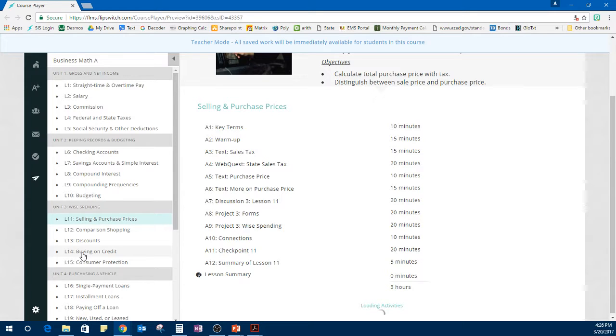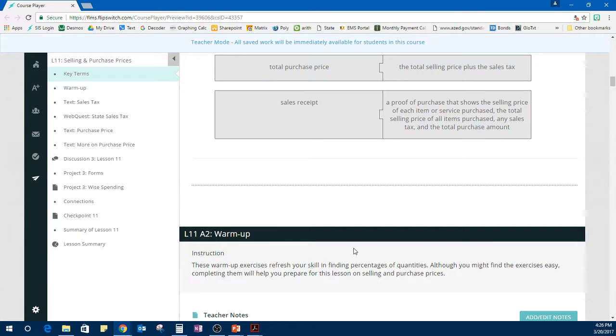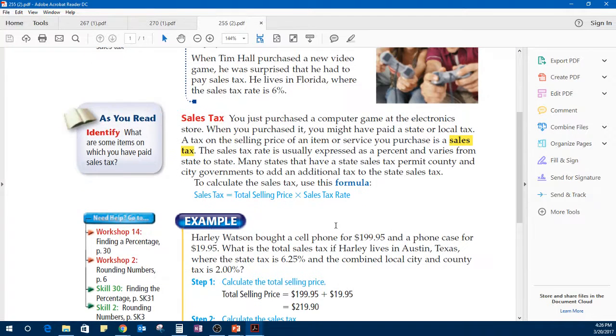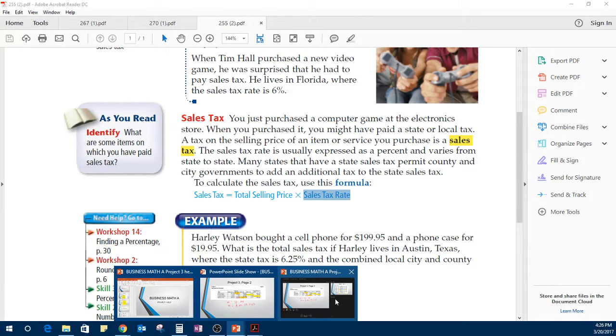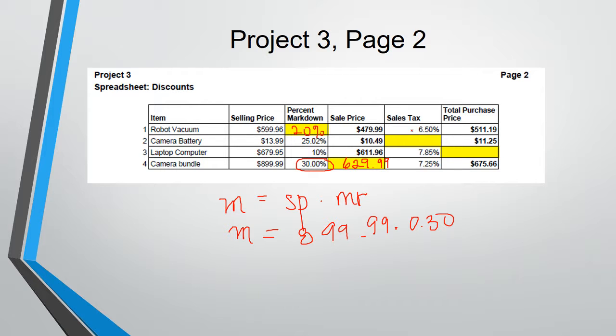I'm waiting for it to load so we can get the PDF to show you. Alright, so again, open up your PDF. It tells you right here, sales tax is the total selling price times the tax rate. Even though your PDF in the project says sales tax, because it's a percent, it really means sales tax rate. So don't get that confused.